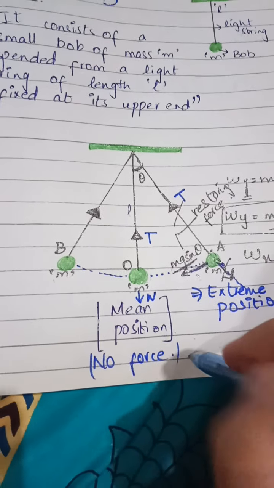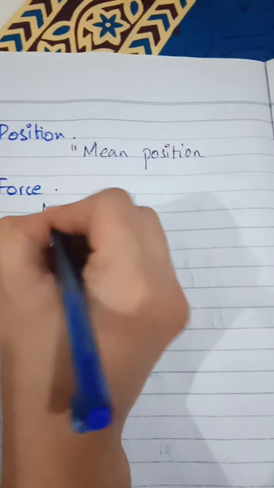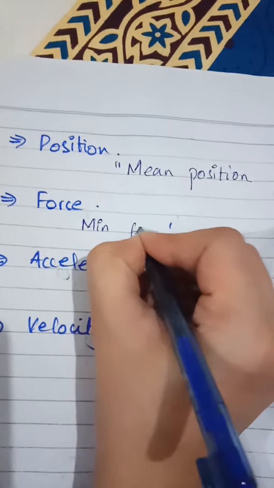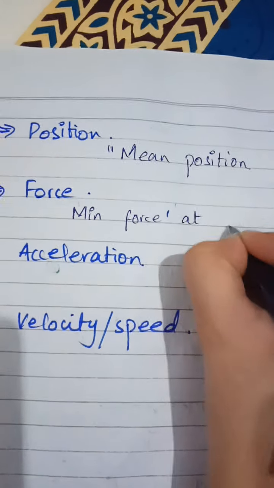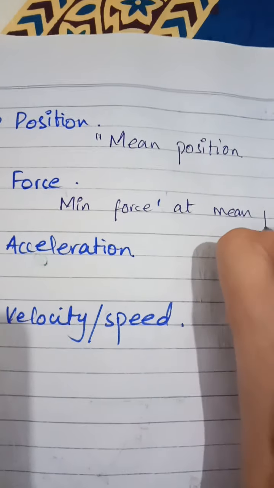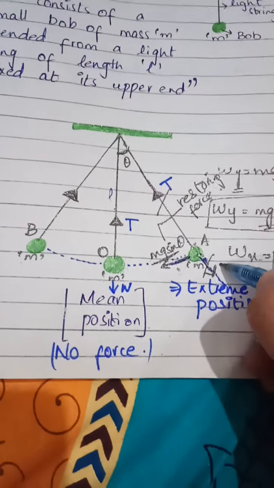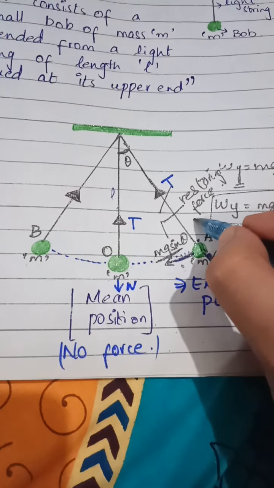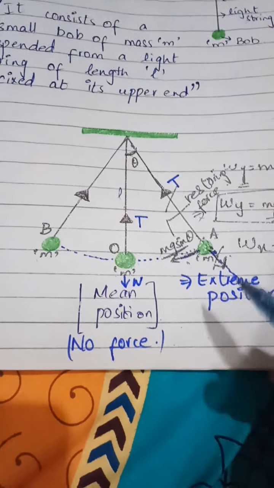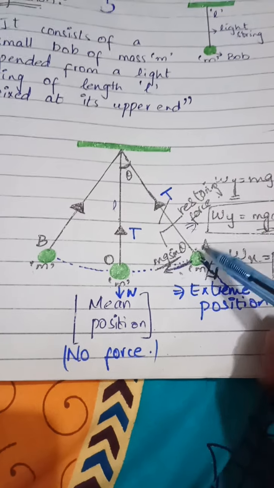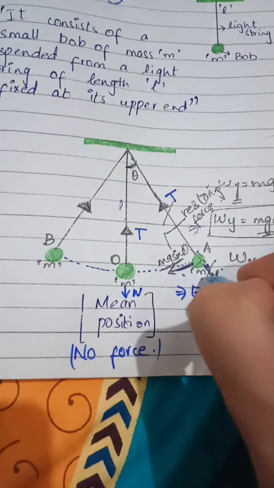As no force is acting, we can say there will be minimum force at mean position. Now look over here, when we talk about extreme position, the maximum force is acting in the form of restoring force. It is at its maximum point.